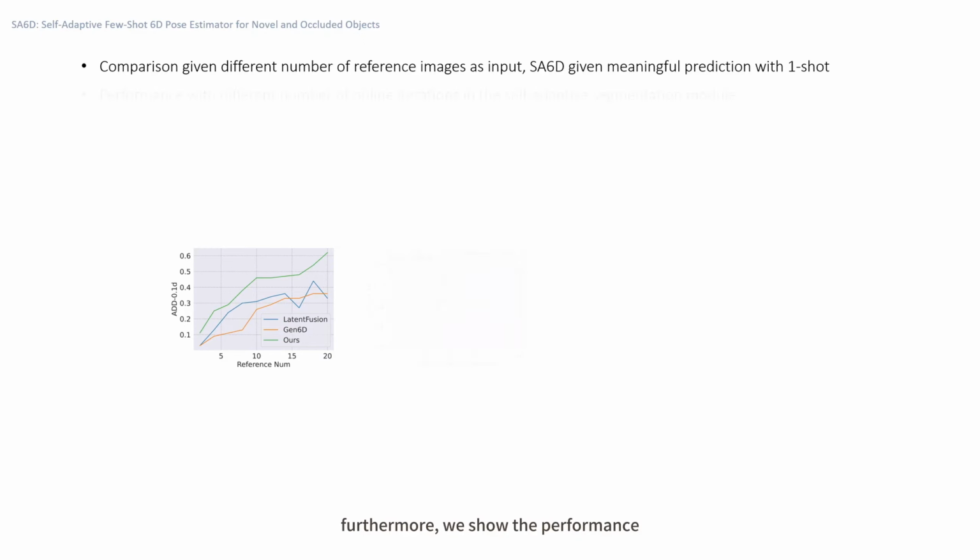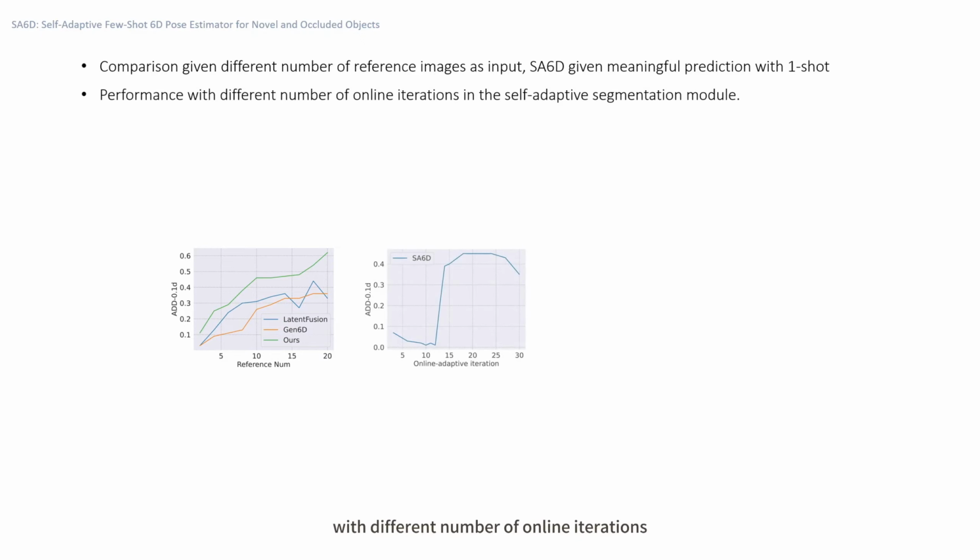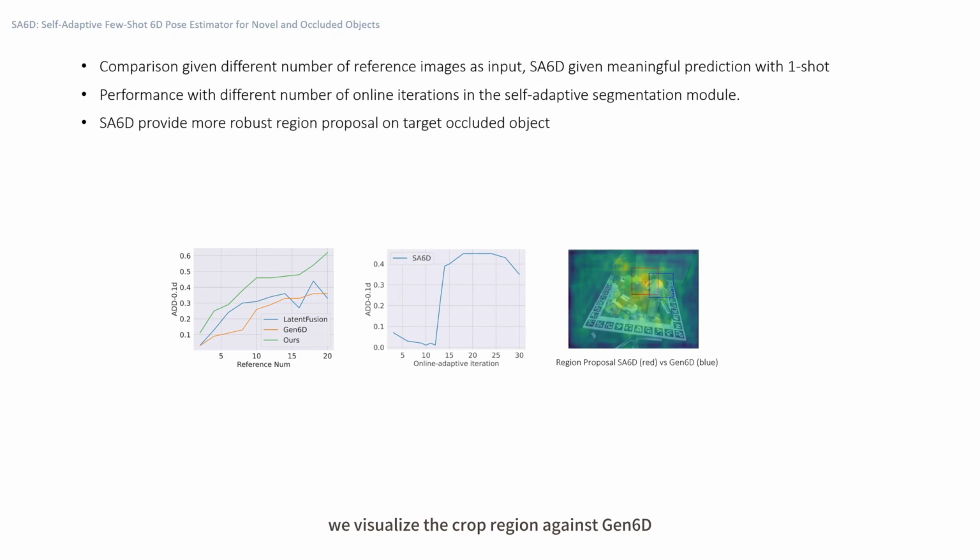Furthermore, we show the performance with different numbers of online iterations in the self-adaptive segmentation module. The visualized cropped region against Gen6D indicates the importance of geometric features for occluded scenes, where the red cross denotes the target object. Please look at our paper and supplementary material for more results.